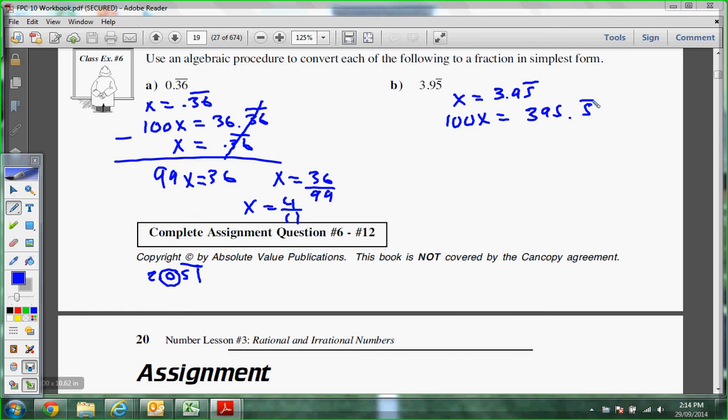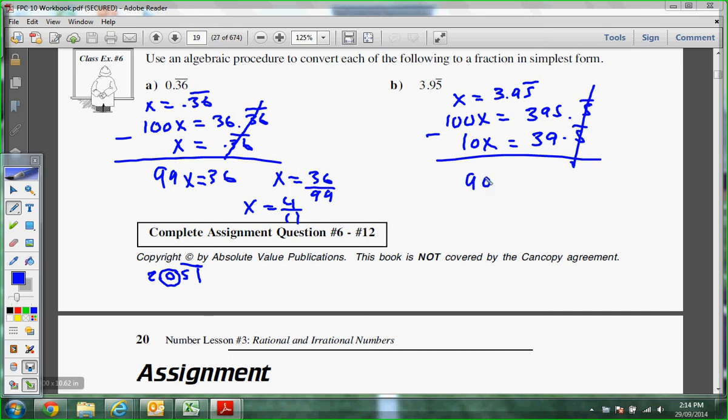Then we're going to take our original and multiply it by 10 just to shift that 9 over so the 5 is on the end again. We need the 5 on the end so they cancel. So it's going to be 10x equals 39.5 repeating. Now the 5 repeatings are lined up and they're ready to eliminate. So now we're going to subtract. That goes away.